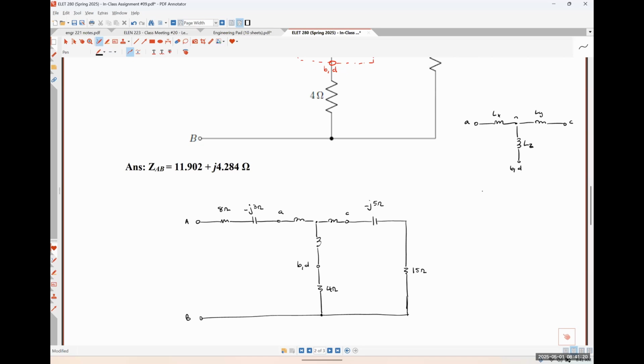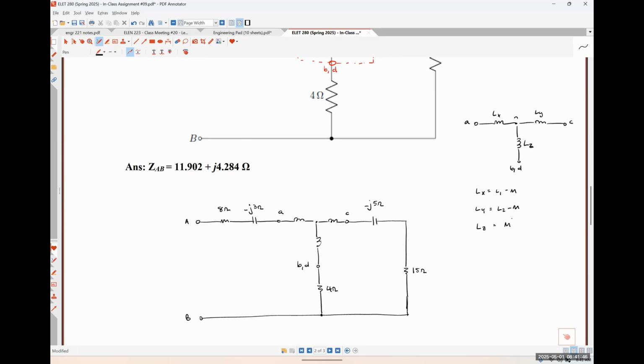Well, if we recall, let's go back to the fundamental thing, right? So we know that Lx is L1 minus M, Ly is L2 minus M, and Lz is M. This was for the case, though, where the dots were on the same side.